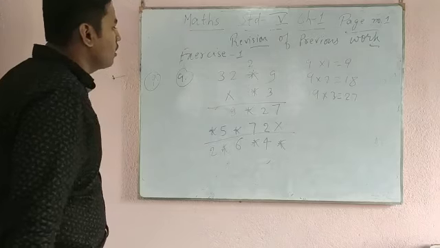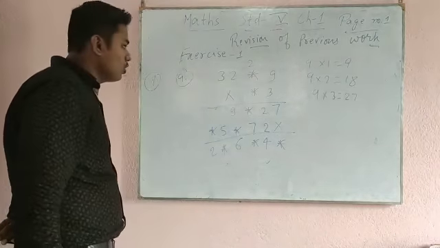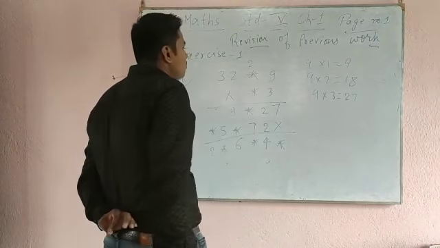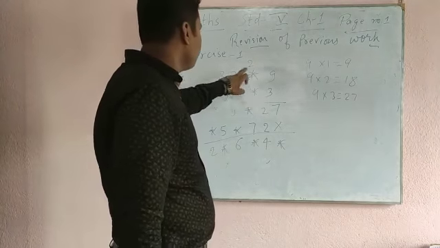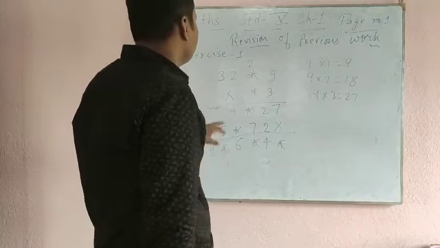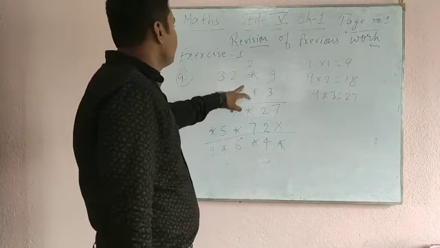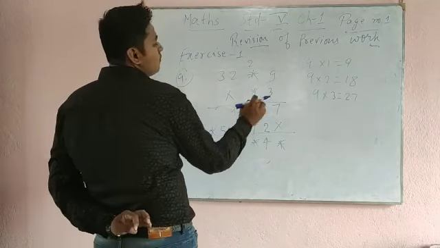No. 6 into 3 is 18 plus 2 is 20. No. 7 into 3 is 21 plus 2 is 23. No. Then 8 into 3 is 24 plus 2 is 26. Then 9 into 3 is 27 plus 2 is 29. So you have to think what number you will put here.